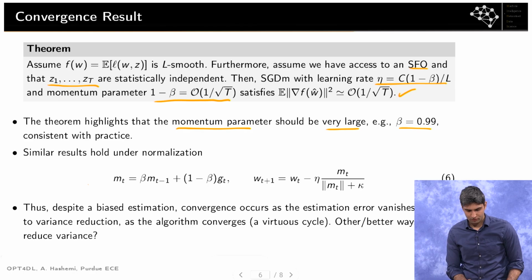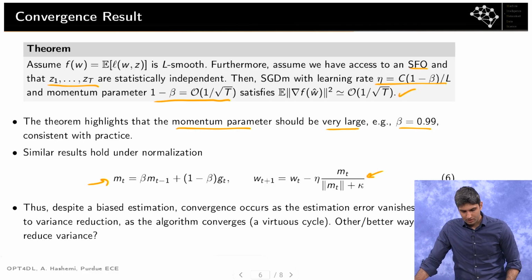Basically we form the momentum, but instead of moving along the direction of the momentum, you normalize the momentum first, and then multiply by some learning rate, and then update your parameter. This is, in some sense, similar to integrating adaptive learning rates that also depend on your update vector. But a similar theorem also applies to this method.